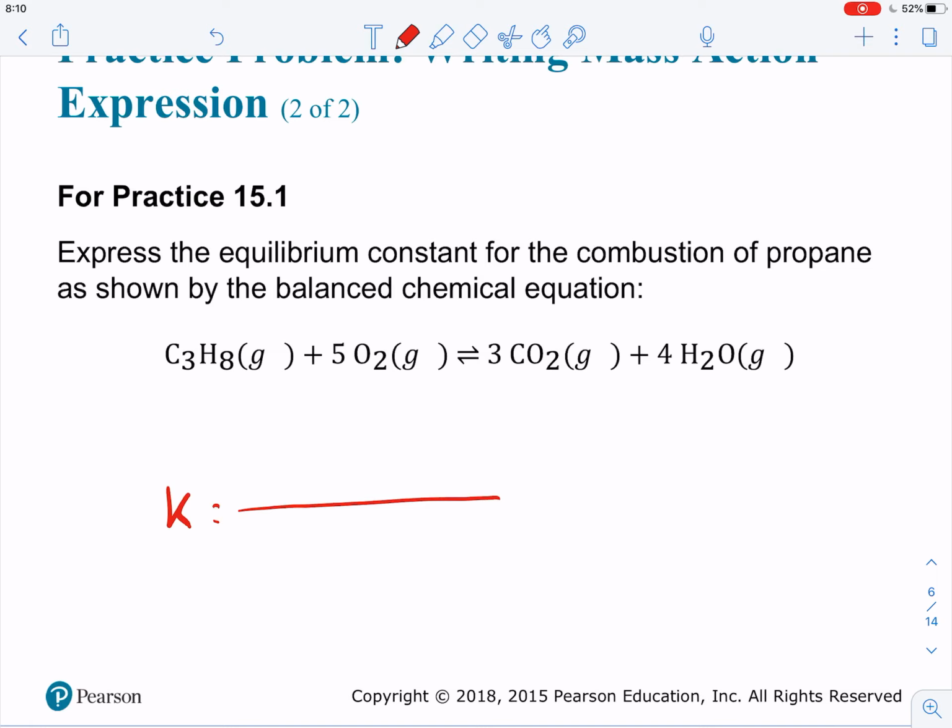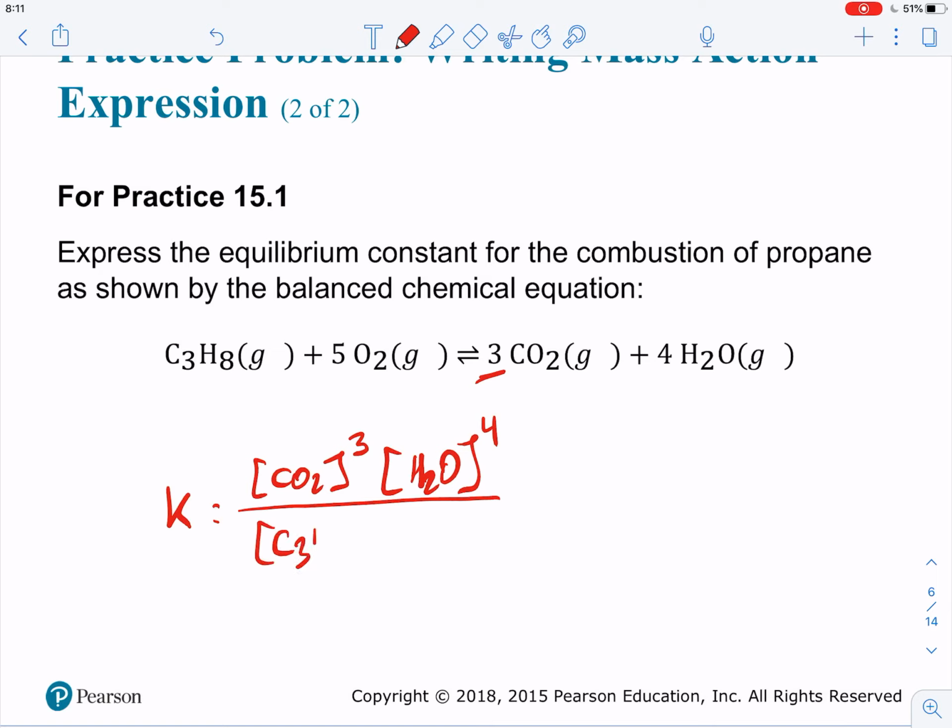It's going to be products over reactants. Therefore, your products are CO2, concentration of CO2. 3 moles of CO2 means you have to raise this to the power of 3. And then you have the concentration of water. 4 moles of water means you have to raise this to the power of 4.